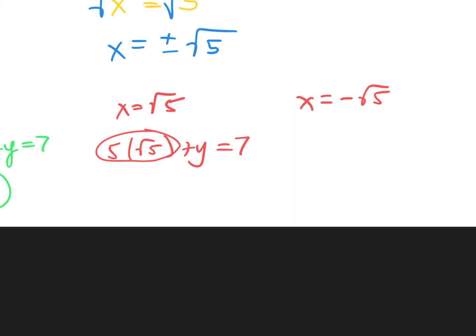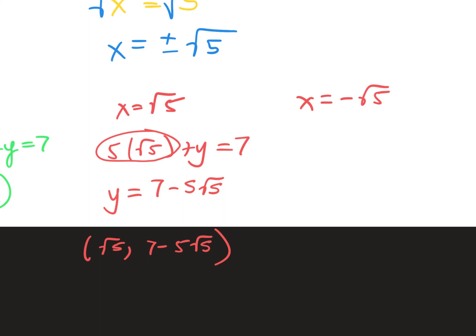I subtract it. So y equals 7 minus 5 root 5. Can I break that down anymore? No, that's it. So when I plug in the square root of 5, I get out 7 minus 5 root 5. Is that a beautiful place on the graph? No. It is a specific point on a graph. It's just not beautiful, but it's there.